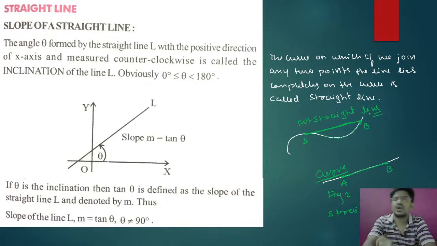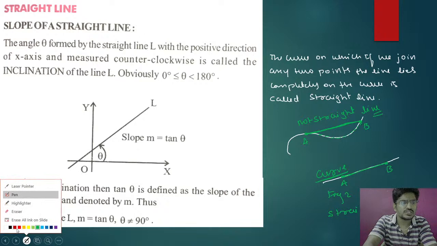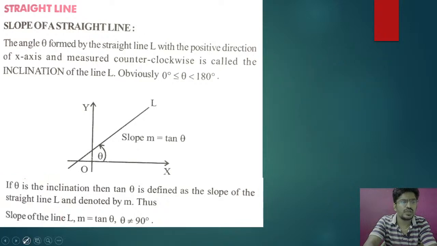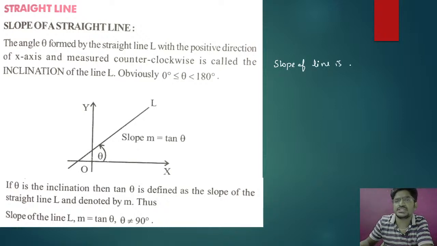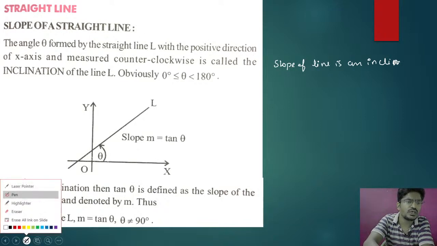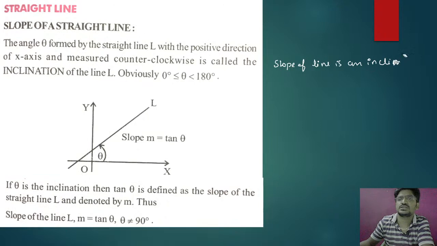So now with the quick revision of this definition of straight line, we can go for the slope of line. So what is the slope of line? The slope of line is an inclination of the line made with x-axis.